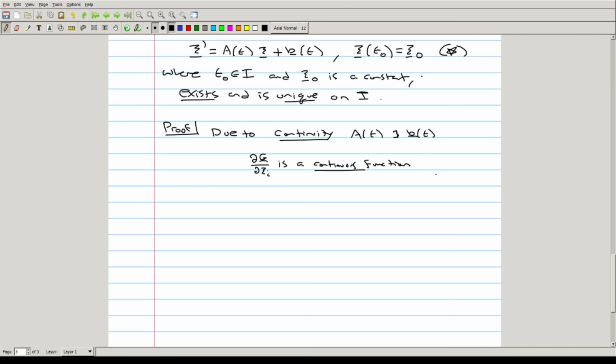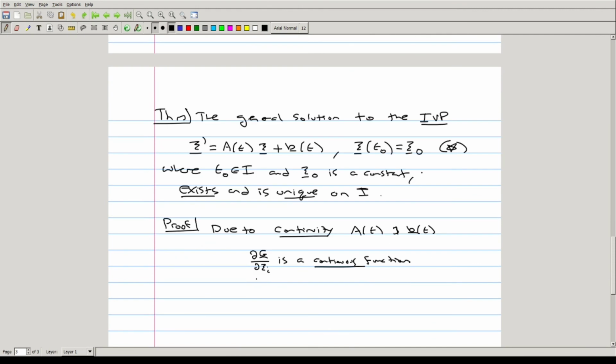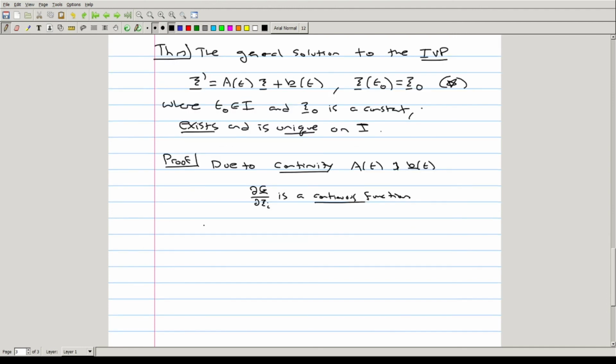Therefore, because our function g, which is the right-hand side of this differential equation, is a continuous function, by our previous existence uniqueness theorem, this holds. So we deduce the theorem.